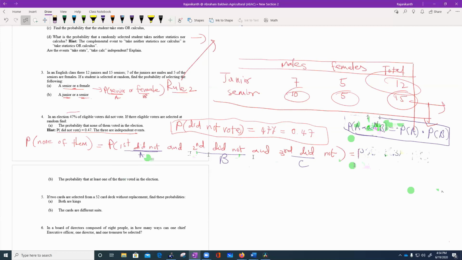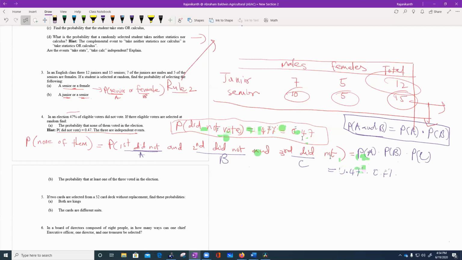That's it. Now, ask yourself, what is the meaning of P(A)? The probability that the first guy did not vote. What is the chance of did not vote? You know that. The chance is 47%, 0.47. So the first guy did not vote, chance is 0.47. What about the second guy? Yes, he also has the same chance.